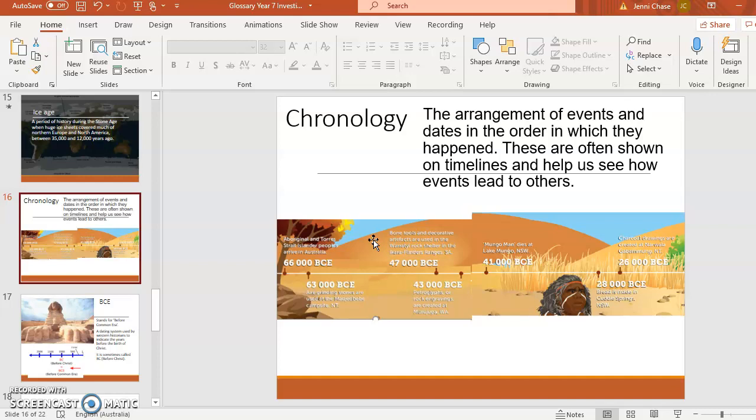Okay, so if you were to do a chronological history of your life, you would start with the oldest date being the day you were born, probably. Okay, so we often use timelines in history to lay out events and dates in chronological order, and that's really useful for historians to see how some events led on to others.